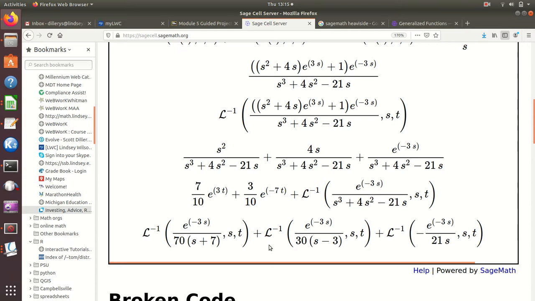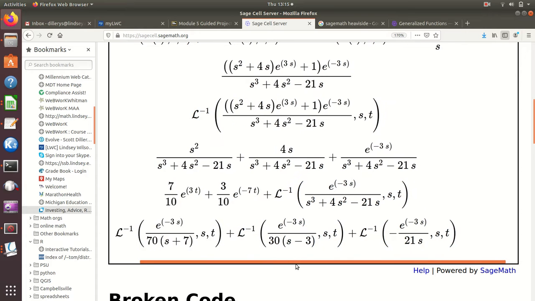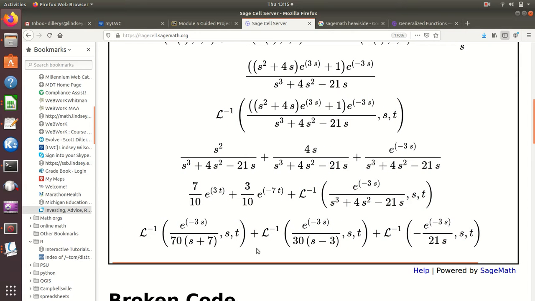It doesn't know how to do that inverse Laplace transform with the unit step function. So I'm going to end this video here, and we'll see if I can figure out how to make this happen. If I can, I'll add another video. If I can't, well, that's the end of this video. So we'll stop there.